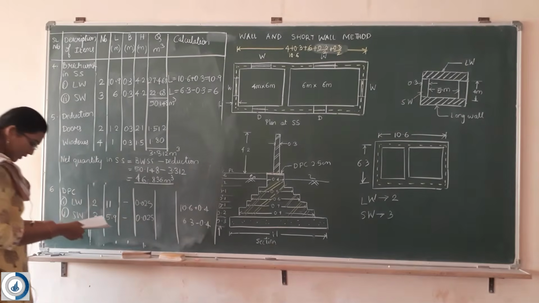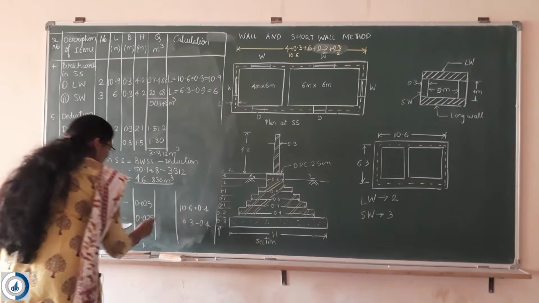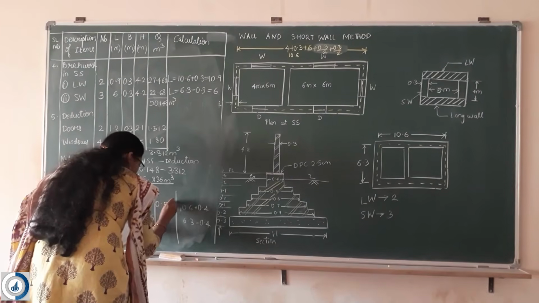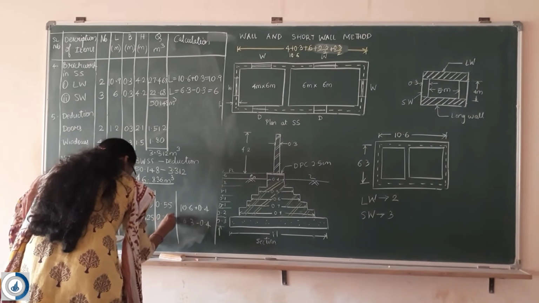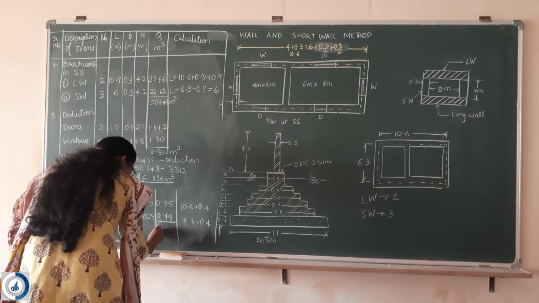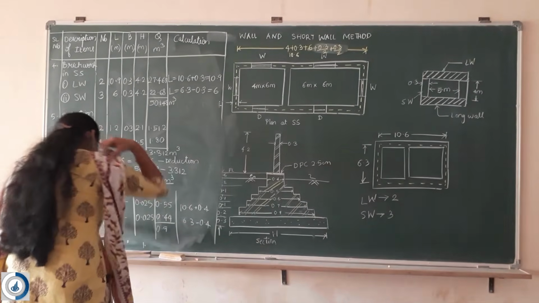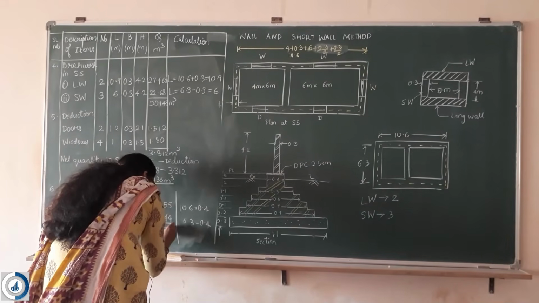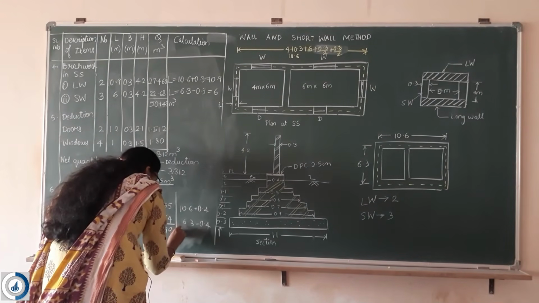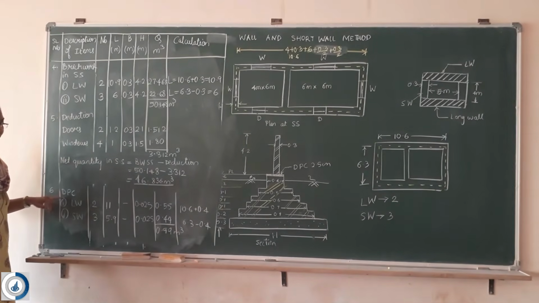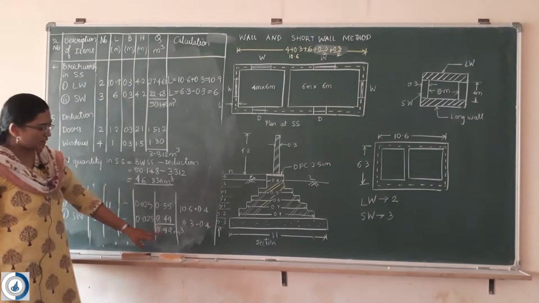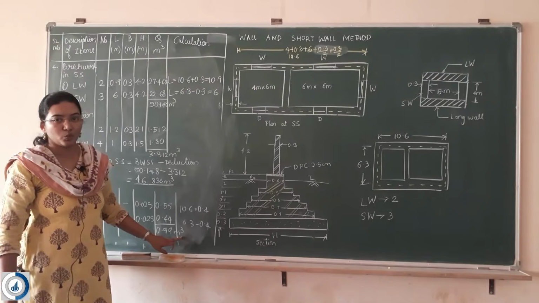So when I multiply this, I will be getting 0.55 and 0.44. So the net total quantity is 0.99 I will be getting. So that is so many meter cube. So here we calculated the damp proof course to be 0.99 meter cube.